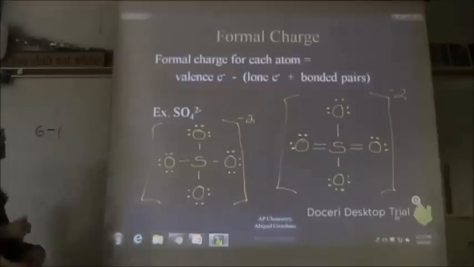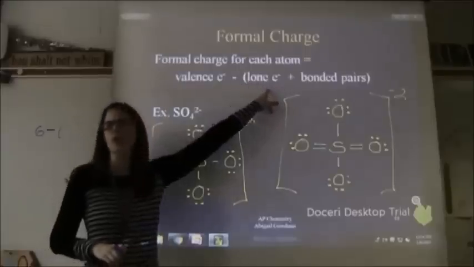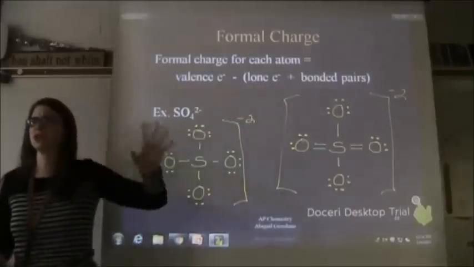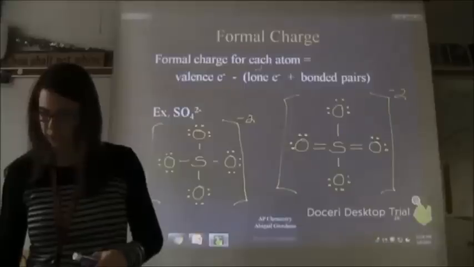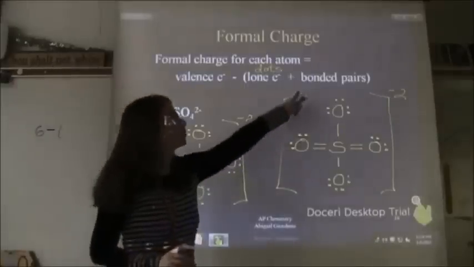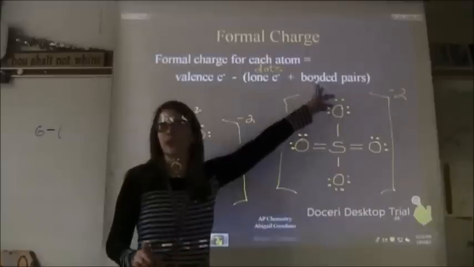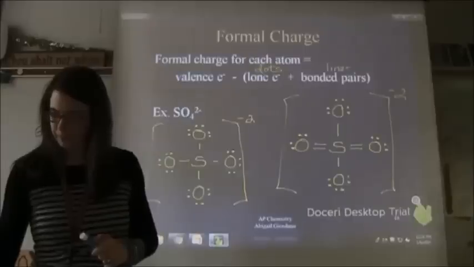Okay. When we look at Lewis structures, guys, how are lone electrons represented? Dots or lines? Dots. Okay, so I'm going to just write that word above it here. How about bonded or shared pairs? Those are lines.